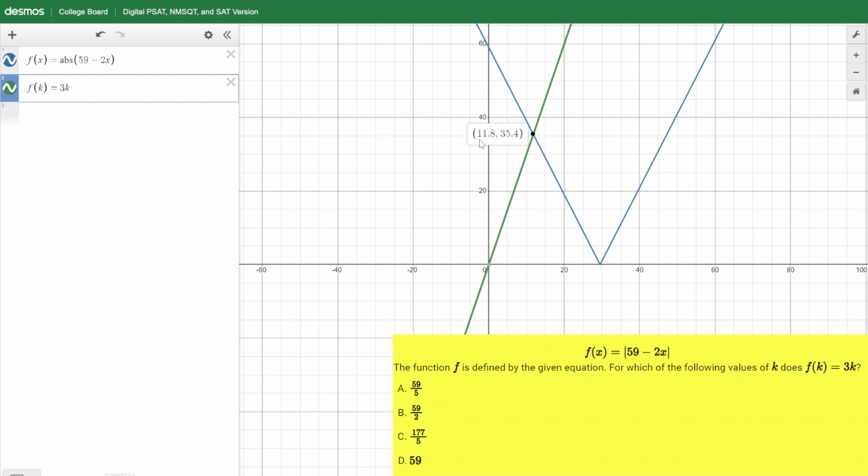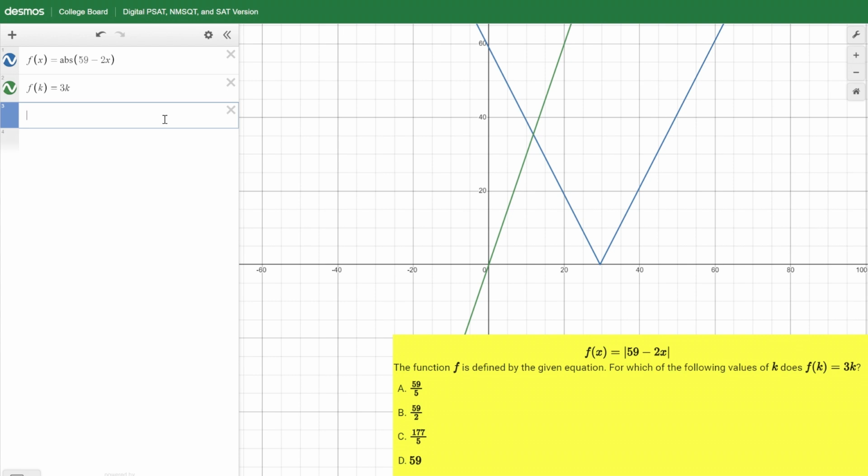Okay, and we need to find what the value of k is, so that'll be the first part of the coordinate, or the x coordinate. And we're given this as 11.8, which is a decimal number, but all our options are fractions.